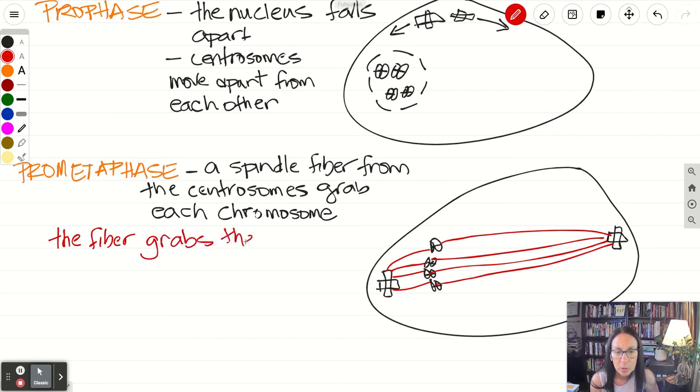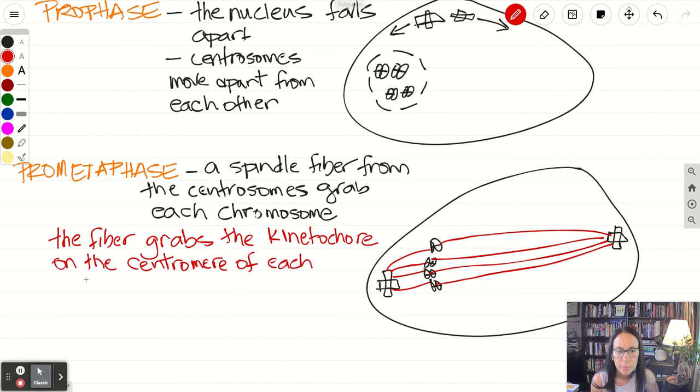Grabs the kinetochore, that's the love handle, on the centromere of each chromosome. So that spindle fiber is grabbing that love handle that I mentioned earlier.